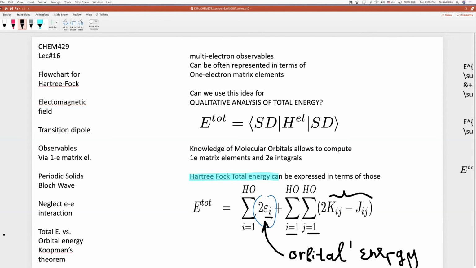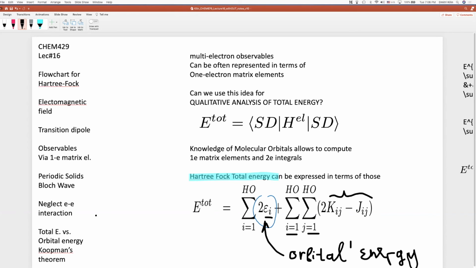Professor, one question. For Hartree-Fock, as I remember, it's the summation of kinetic energy and potential energy of nuclei. Then after that, this Coulomb and exchange.